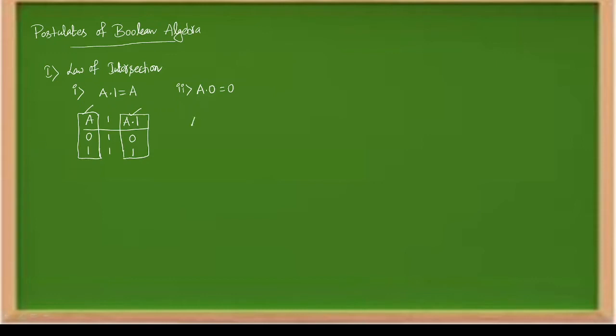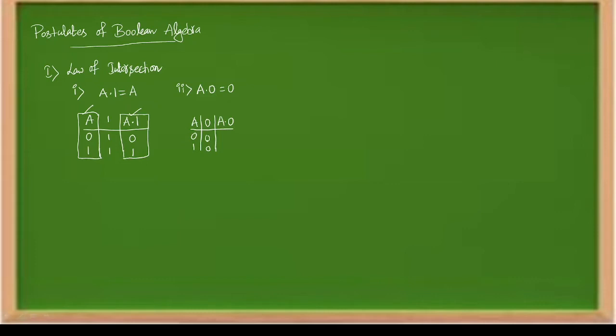Let me come to the next postulate. Here there are two terms, one is A and another one is 0. Let me show you A and 0 for both the possibilities of A. The two possibilities of A are 0 and 1. I'm just copying 0 as it is because it is a fixed value.